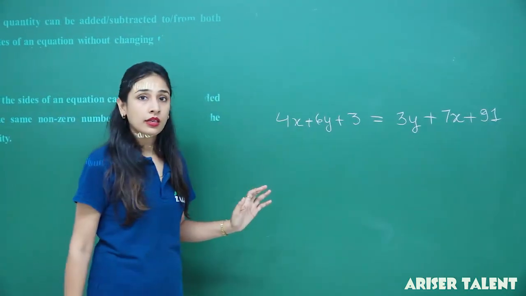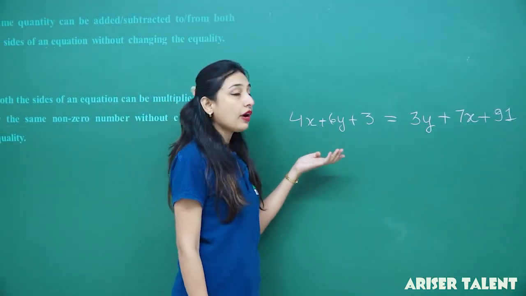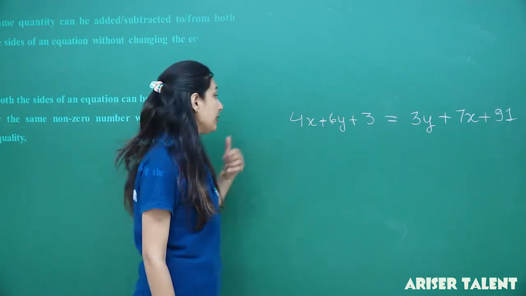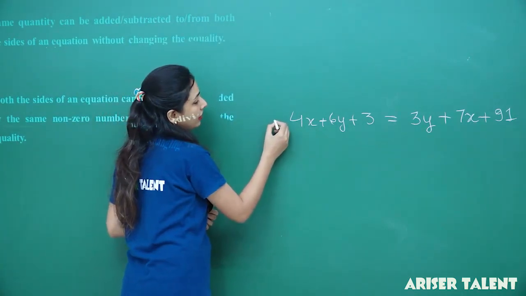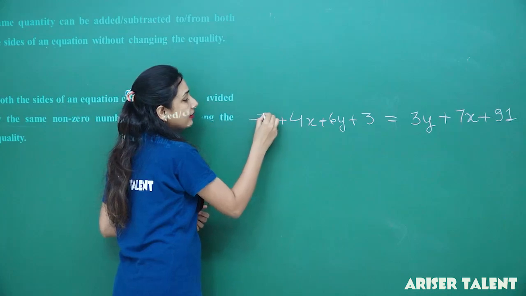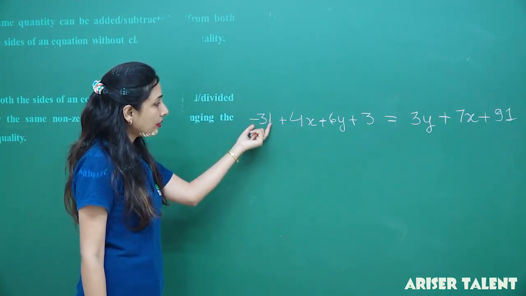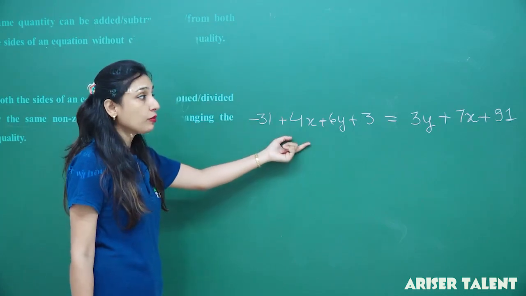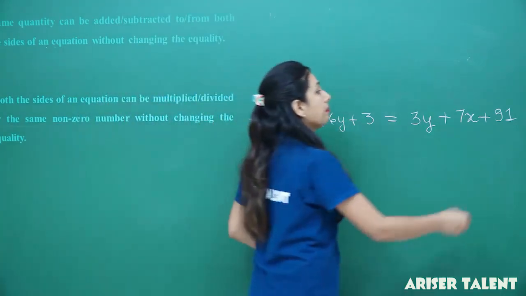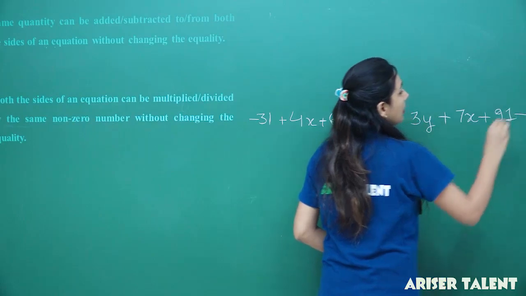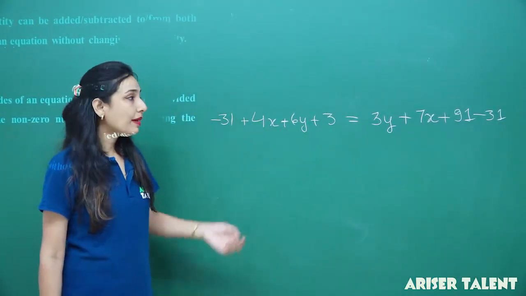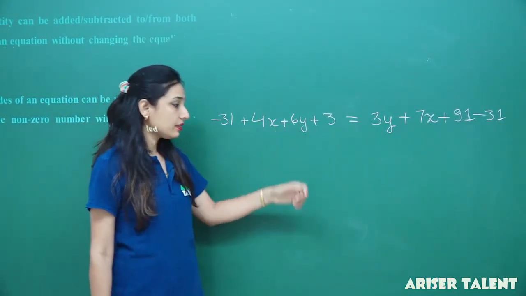Now students, if I subtract something, like I add minus 31, so I'm basically subtracting minus 31 from this side, I have to add minus 31 here also. So I am subtracting minus 31 from both sides.